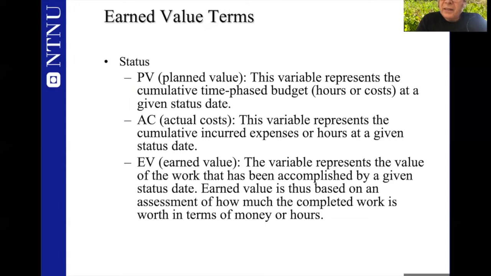And then we have the third term, which is called the earned value. This value represents the value of the work completed. Like if I completed 40 cubic meters of earth, how much is 40 cubic meters of earth worth, if we talk about kroner or hours?